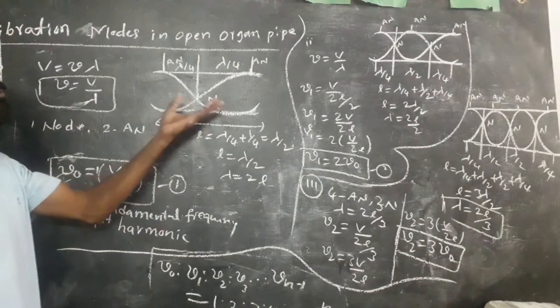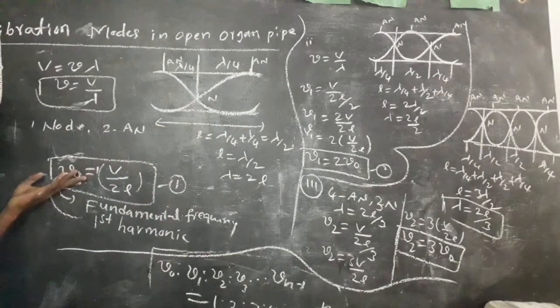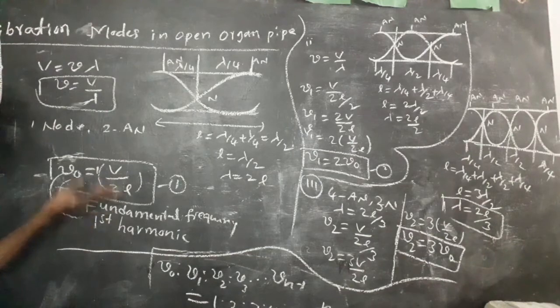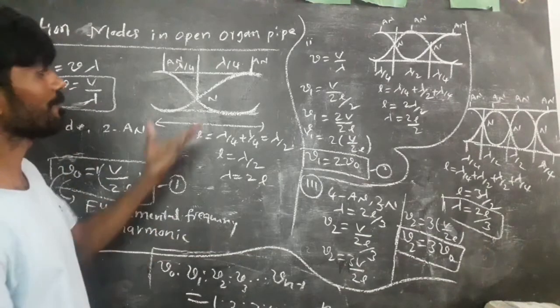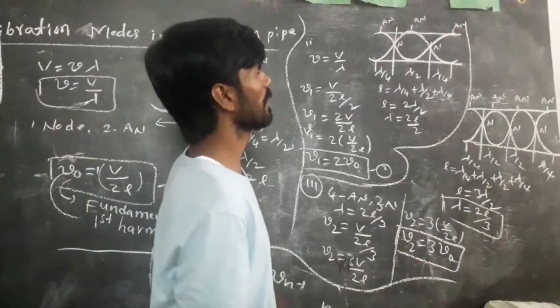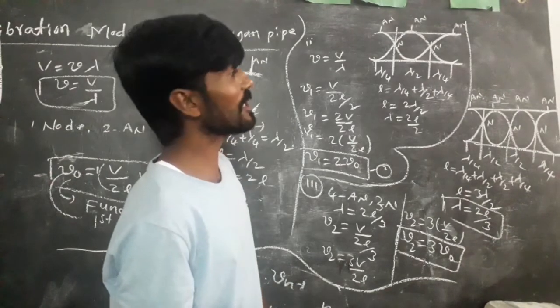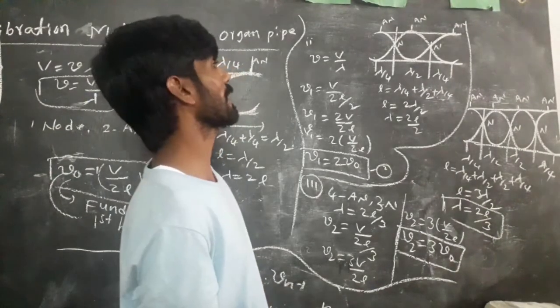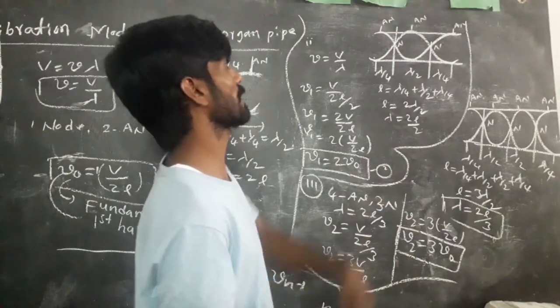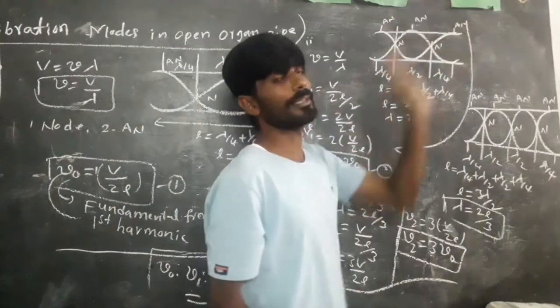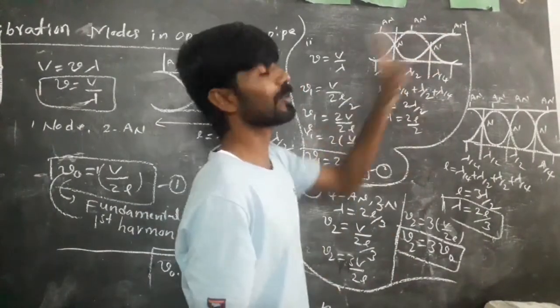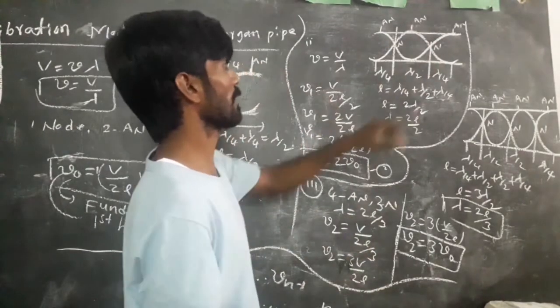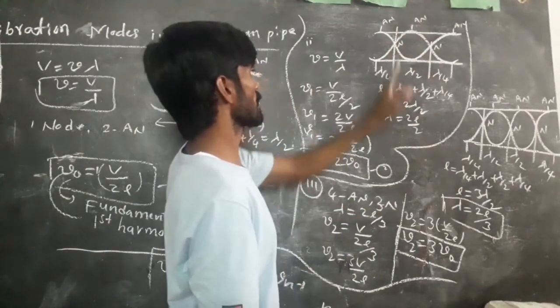So here I am making the fundamental frequency. The fundamental frequency ν0 = v/2L. This ν0 is called the fundamental frequency or first harmonic. Next I select the stationary waves traveling through the open organ pipe forming three antinodes and two nodes.